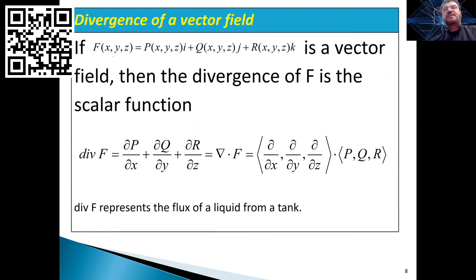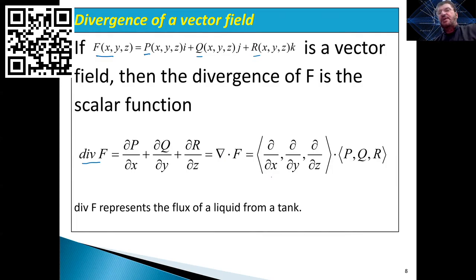Also, if f is a vector field in three-dimensional space, then we're going to define something called the divergence of f. What's the divergence of the field? It's the partial derivative of the first component with respect to x, plus the second one with respect to y, and the third one with respect to z. And if you look carefully, this is the del operator dot f, isn't it?